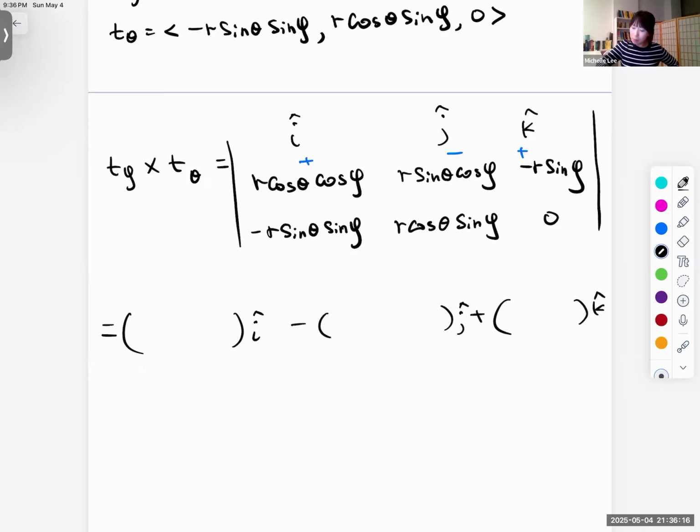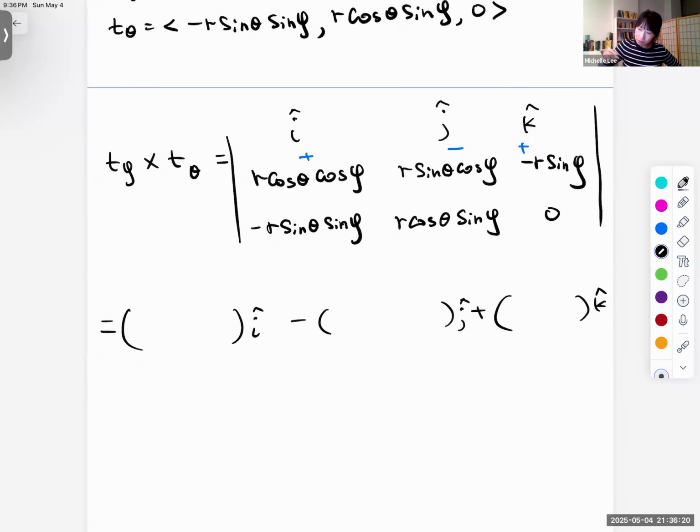For i, luckily, we have 0 minus something, which becomes positive, so 0 plus r squared cosine theta sine squared phi.